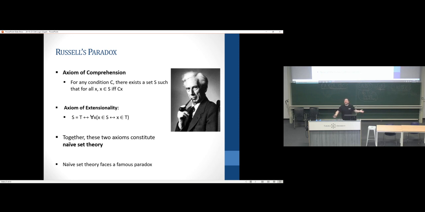Well, there's got to be a set corresponding to the things that satisfy that predicate. That's what the axiom of comprehension says. For each condition C, there's some set of all of the things that satisfy that condition. So the axiom of comprehension and extensionality together give us naive set theory.